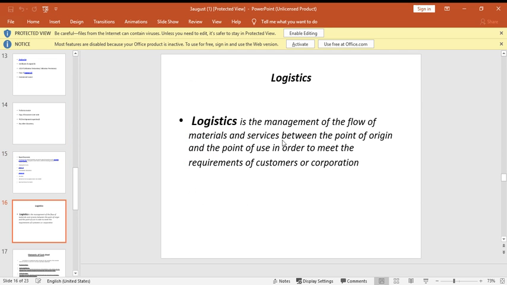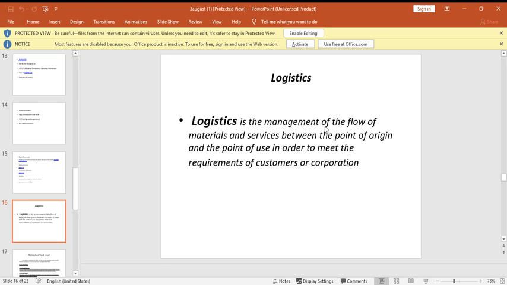The next is logistics. Logistics is very much applicable to apparel merchandising because in the factory the management looks after everything from raw material to the last shipment. Logistics is the management of the flow of materials and services between the point of origin and the point of use in order to meet the requirements of customers or corporation.